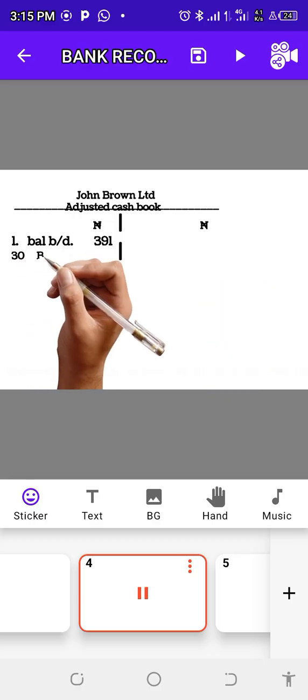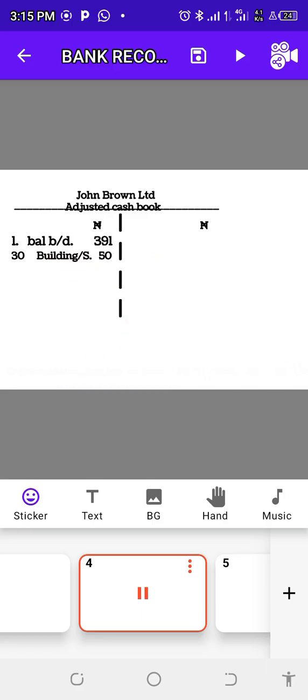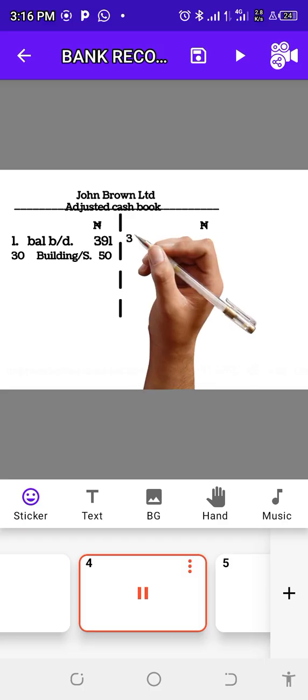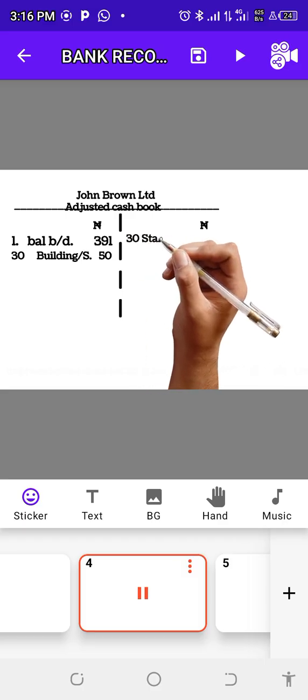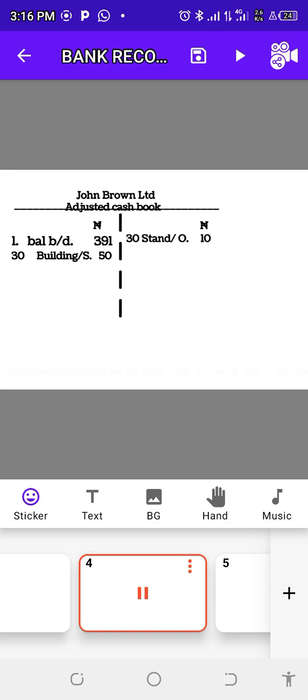Anything about direct credits will be taken to the debit side. Building society is a direct credit, and the next thing is standing order, which is a debit in the bank statement, so we go to the credit of the adjusted cash book.